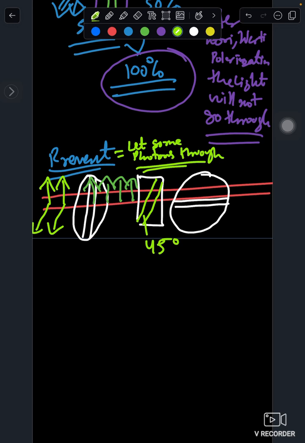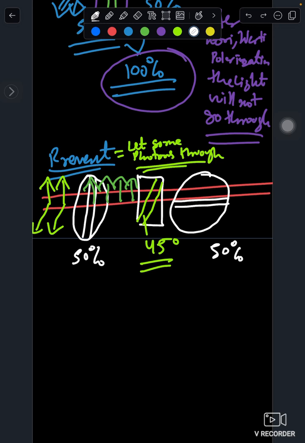Now, 50%, but this 45 degrees changes everything. Let's suppose of 4 that pass, 2 of them will go through.